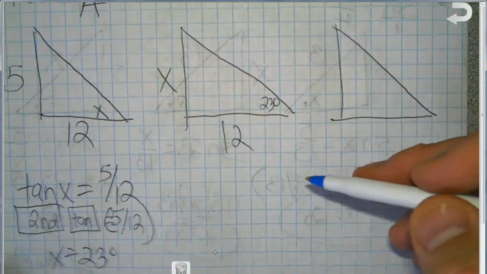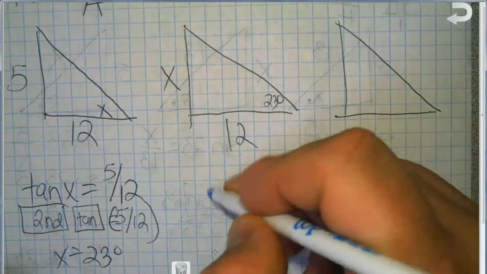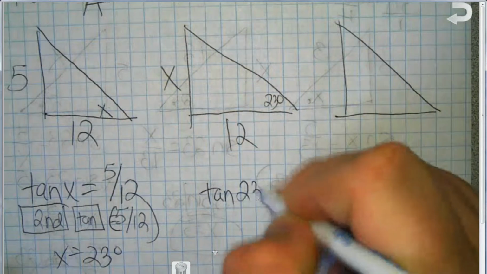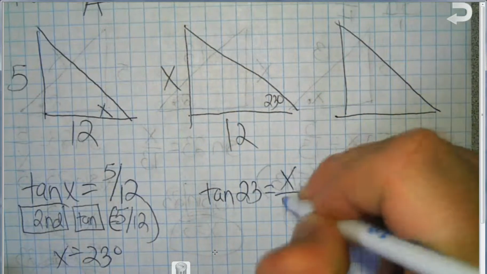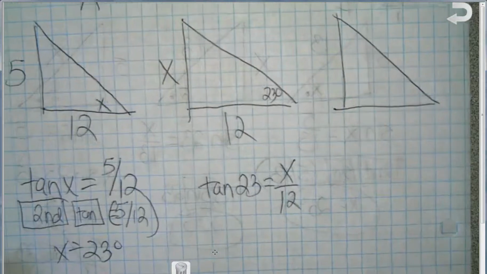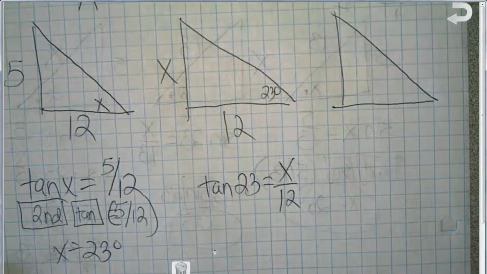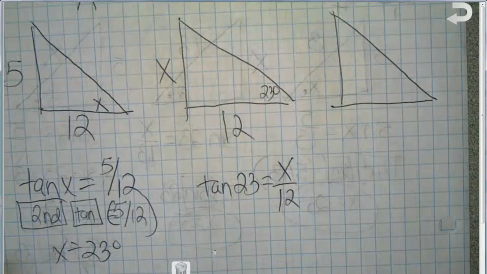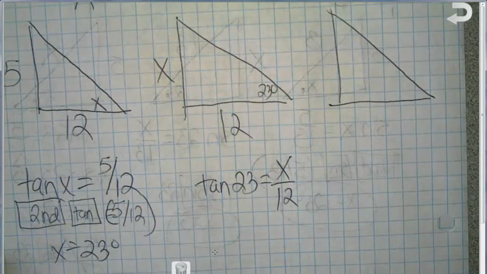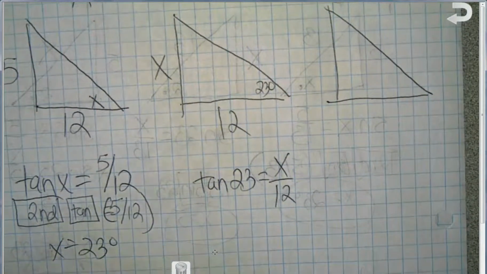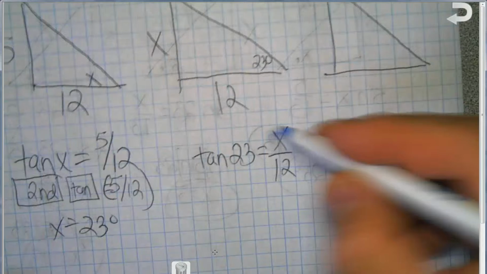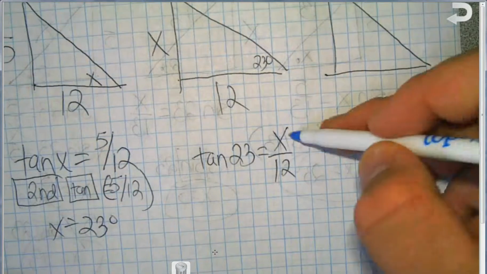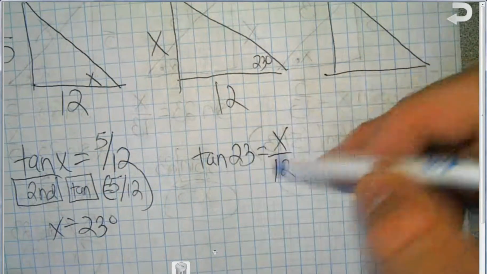What's my ratio? So tan 23 equals x over 12. Okay. When the x is on top, what do we do with the two pieces of information? When the x is on top, you're going to multiply.